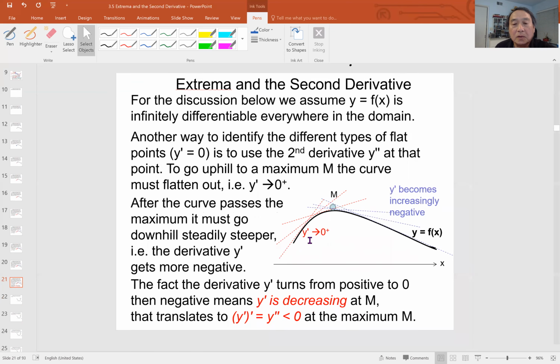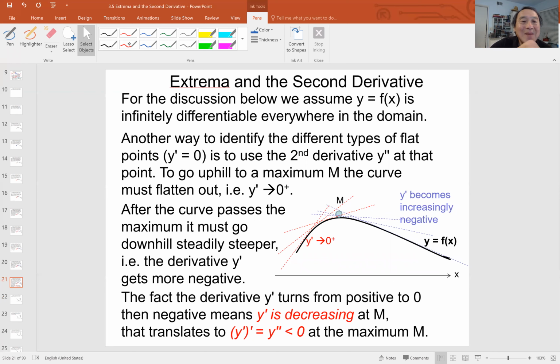What's happening to the slope is that it is large positive, gets smaller and smaller until it's flat, and then it goes negative. In other words, the derivative across that point is decreasing from positive to negative.